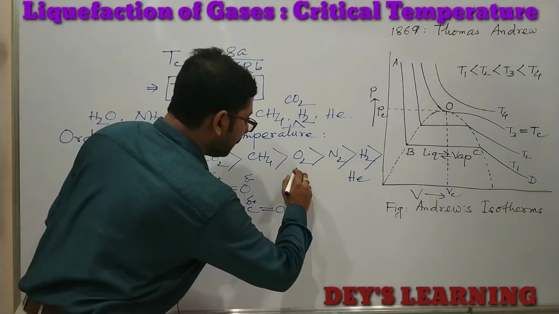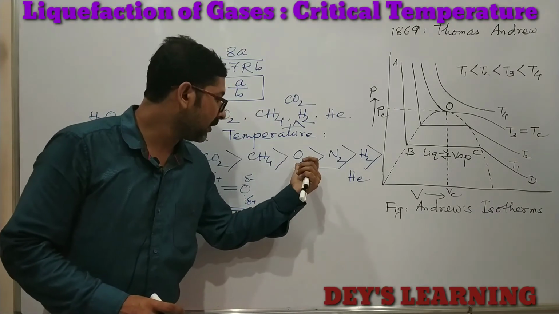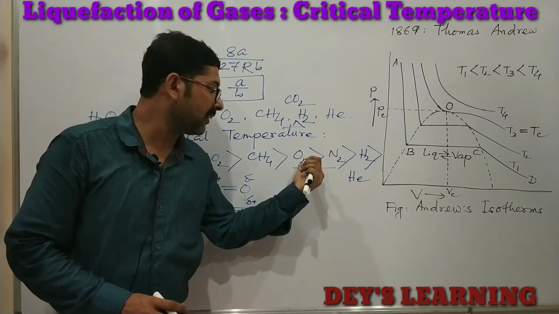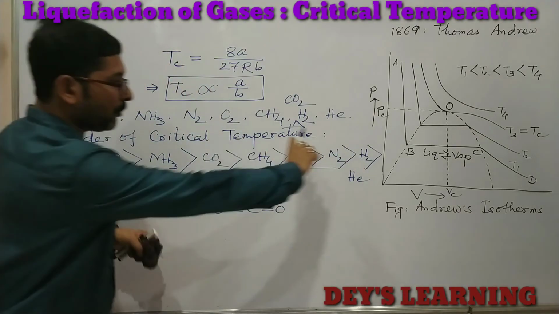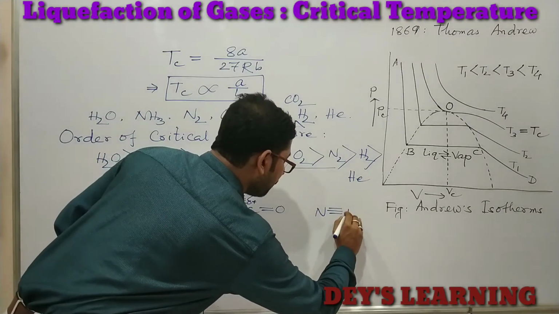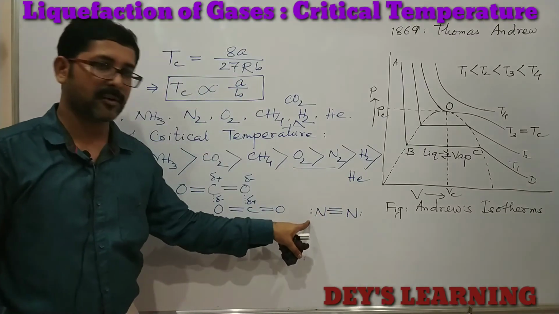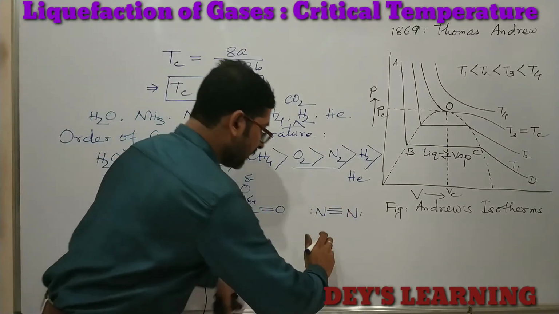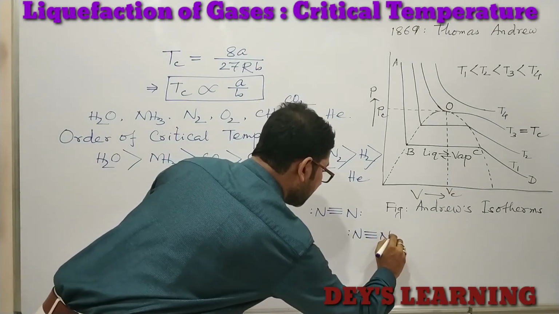In case of oxygen and nitrogen, we know from molecular orbital theory that oxygen is paramagnetic in nature, but nitrogen is diamagnetic. The repulsive force between the nitrogen molecules, because of the lone pair of nitrogen here, is greater.